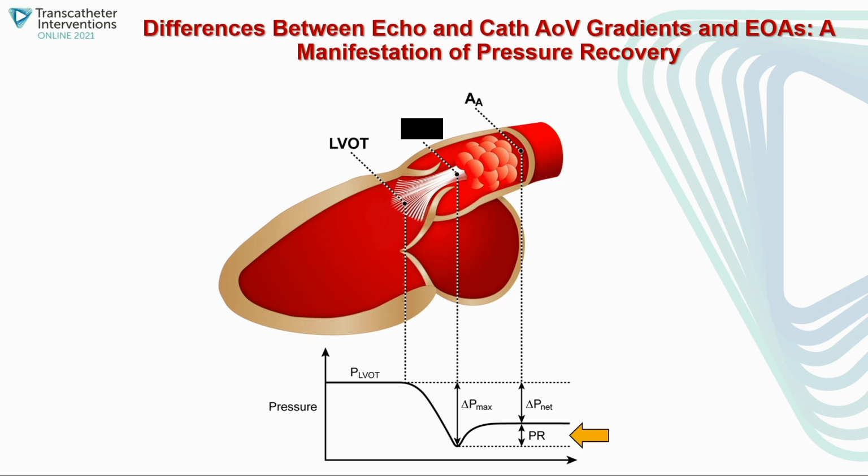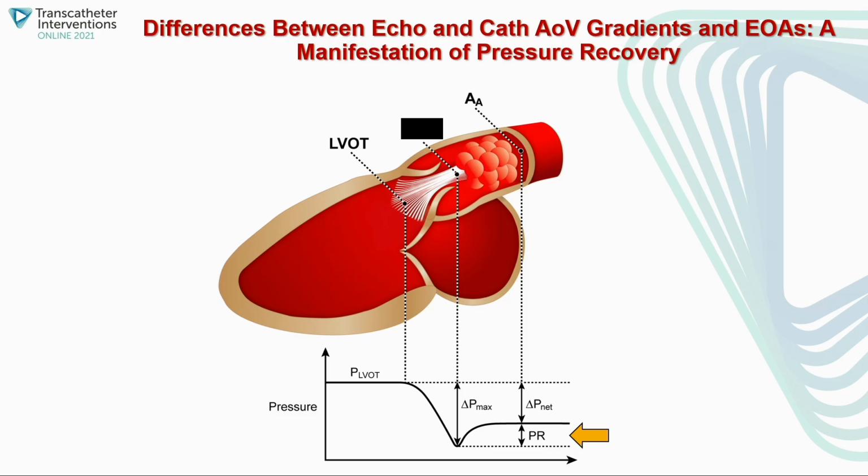Then downstream of the valve, the flow jet re-expands, and some portion of the kinetic energy, the flow acceleration, is reconverted back to pressure. So we have some pressure recovery here. Of course, the pressure recovery is not complete, and we are still losing some pressure at the level of the valve, especially if the valve is stenotic. But we do recover some pressure.